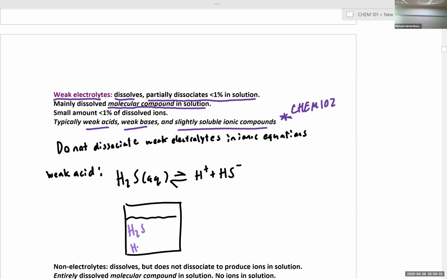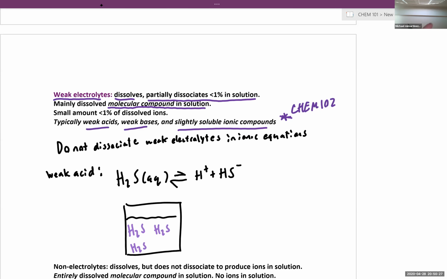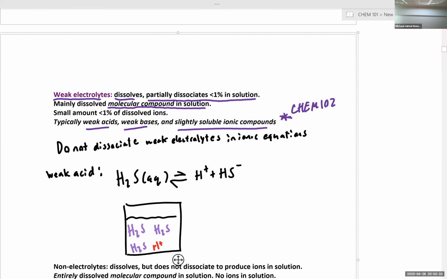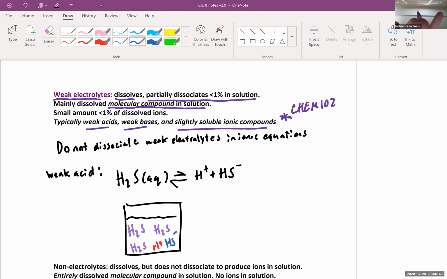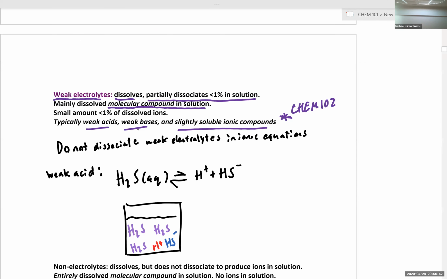So we'd see primarily our hydrosulfuric acid and maybe a trace amount of H plus and bisulfide anion in solution. Okay, so in general, do not dissociate weak electrolytes in ionic equations.